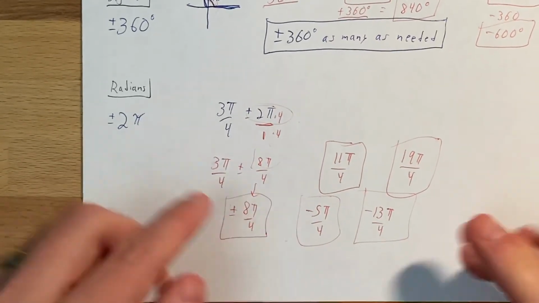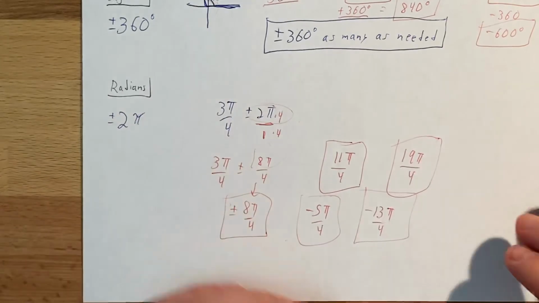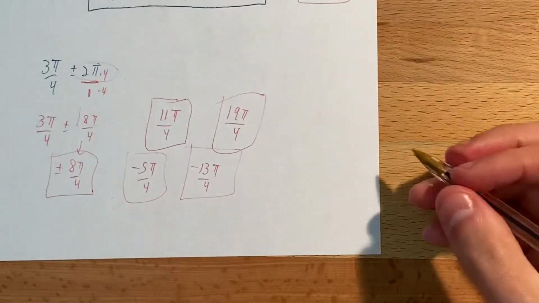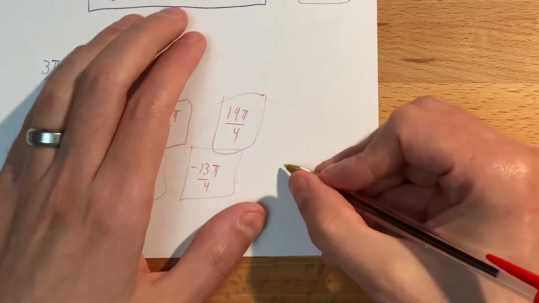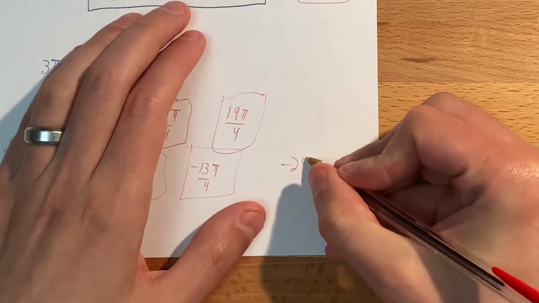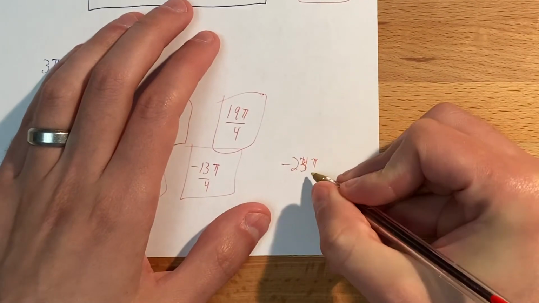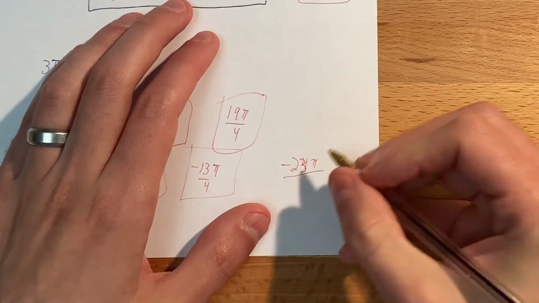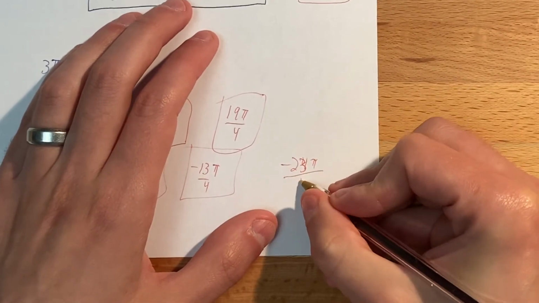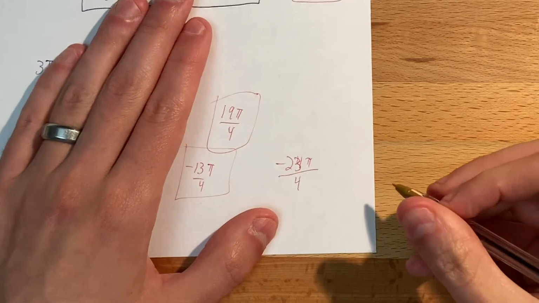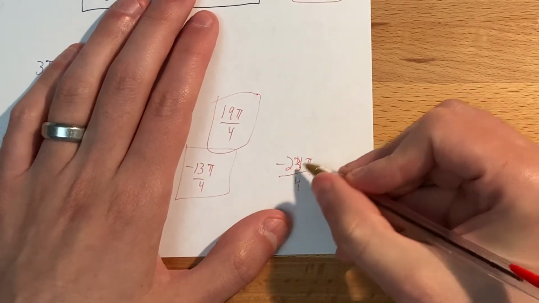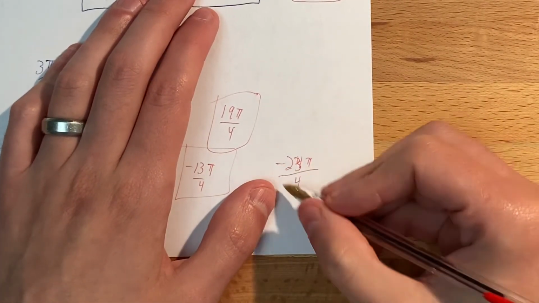The reason I keep saying as many times as needed is because sometimes I'll give a question that's like negative 23 pi over 4. In which case, if I want to add or subtract the 2 pi, I'm not going to subtract because it's already really negative.